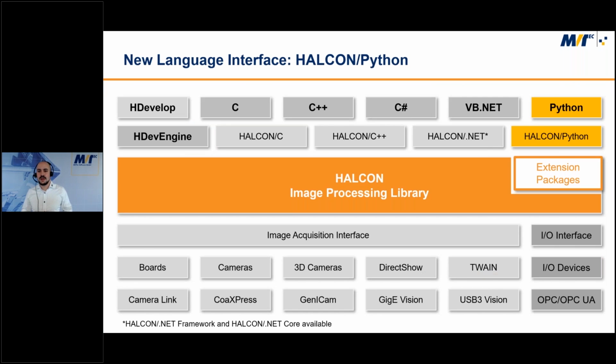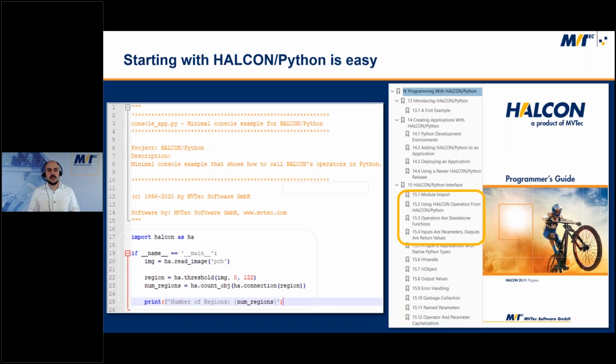So we added Python to the list of our available language interfaces, besides the commonly used C, C++, and .NET interfaces. As for all other language interfaces, of course, there is documentation available. There are examples available, and feel free to try out using HALCON with Python if you're a Python programmer.